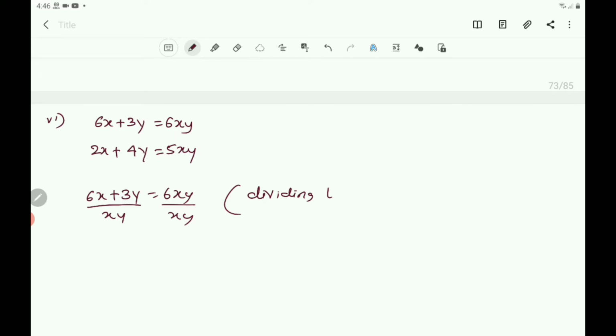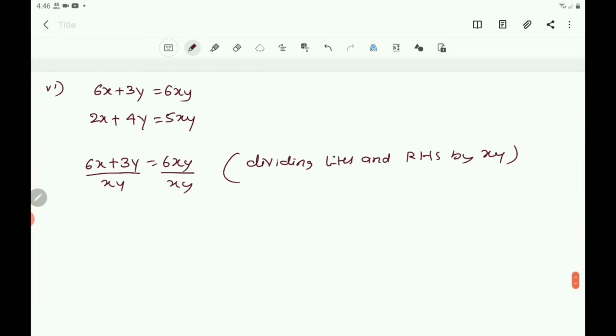Dividing LHS and RHS by xy, it becomes 6x by xy plus 3y by xy equals 6xy by xy. Here x cancels, and in the other term y cancels.